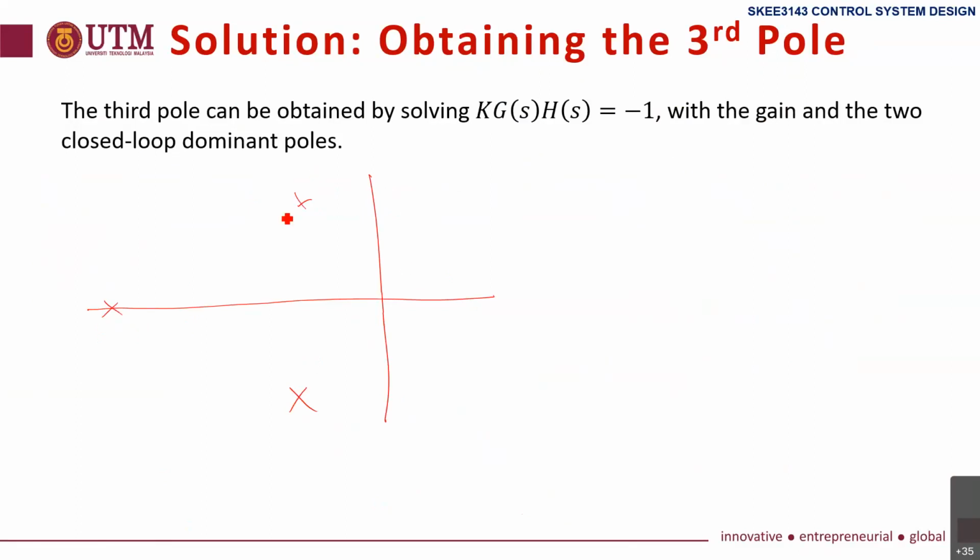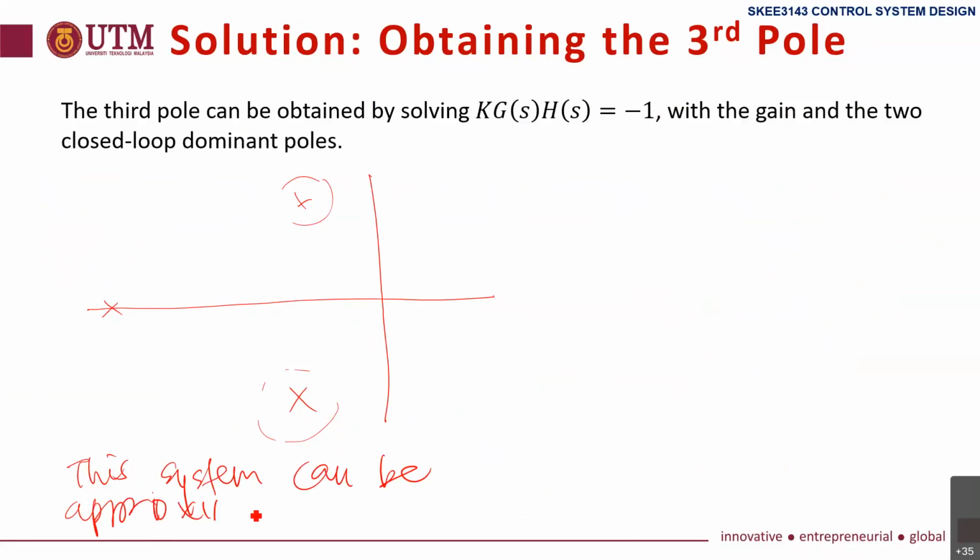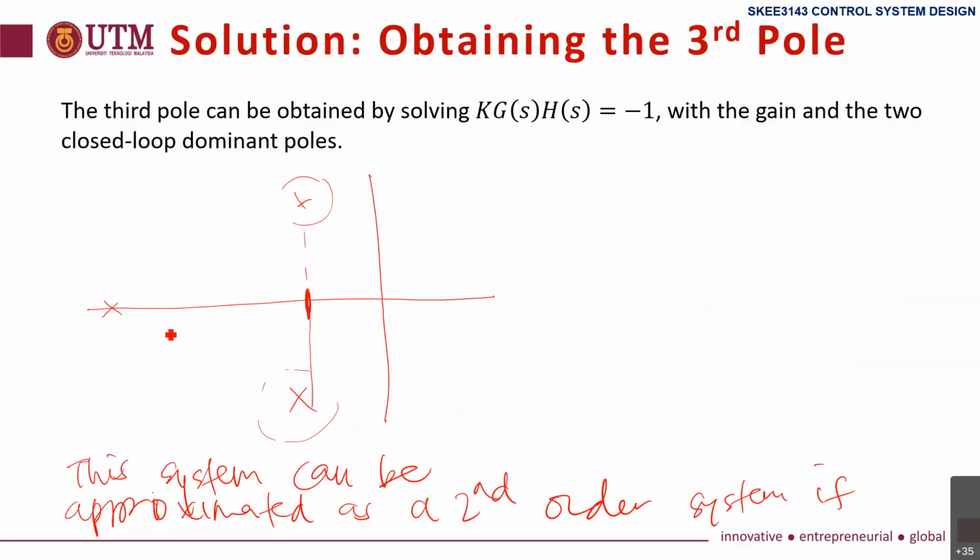Pole here, these 2 poles. This system can be approximated as a second order system if the distance from here to here is 5 times.